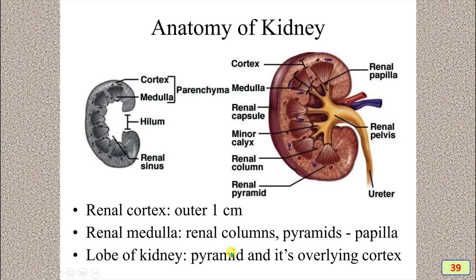The renal cortex is about 1 centimeter, on the outside. The renal medulla, columns, pyramids, and also the papilla are made up of the medulla, and a lobe of the kidney consists of a pyramid and its overlying cortex.